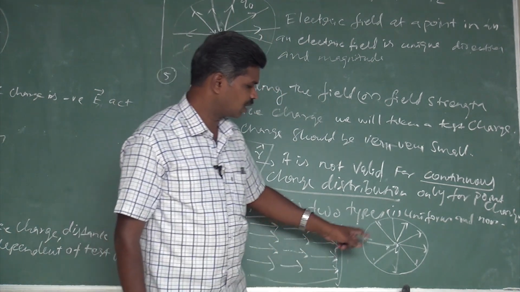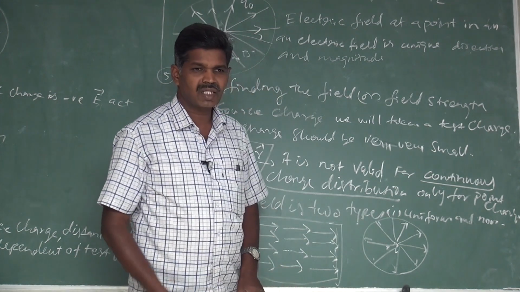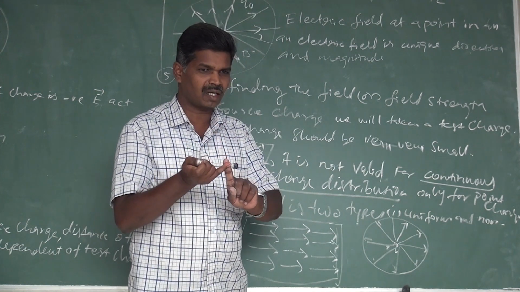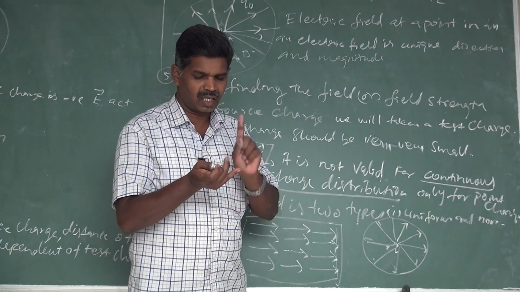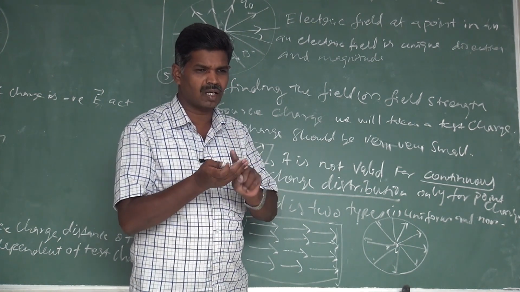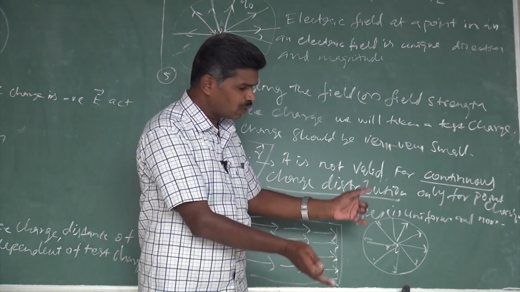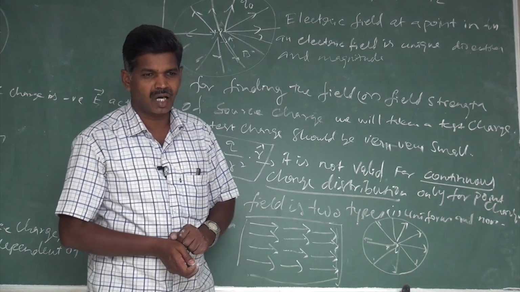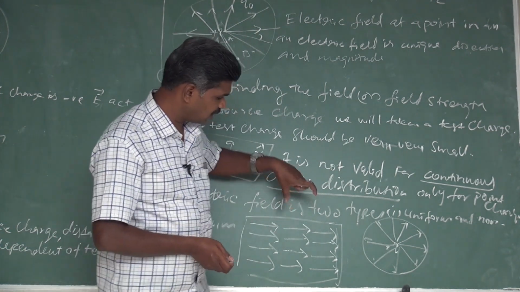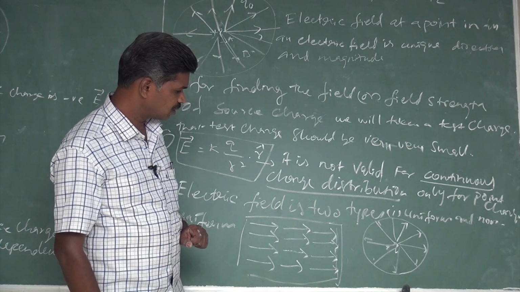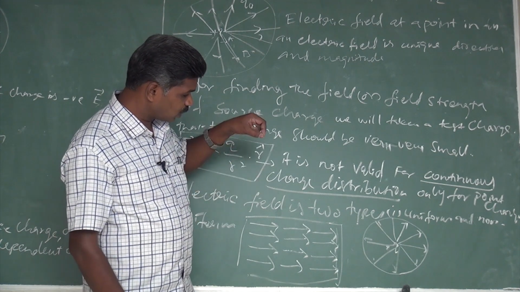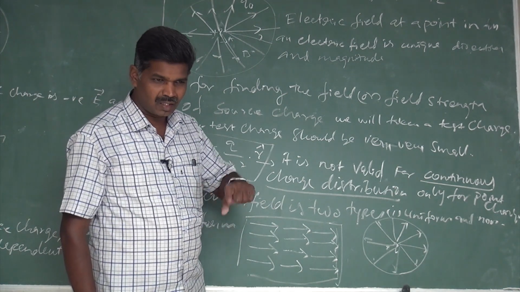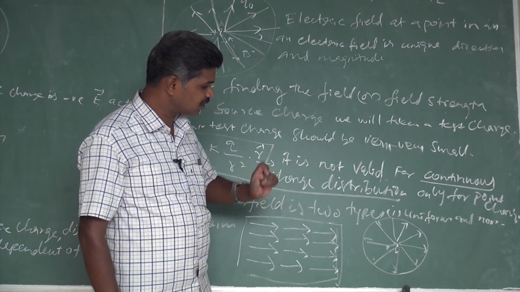A non-uniform electric field means one of three conditions: the field strength differs, or the direction differs, or both differ all over the region. Then only is that field called a non-uniform electric field. A uniform electric field means the strength of the electric field at all points is equal, and the direction is also the same, a unique direction and unique strength.